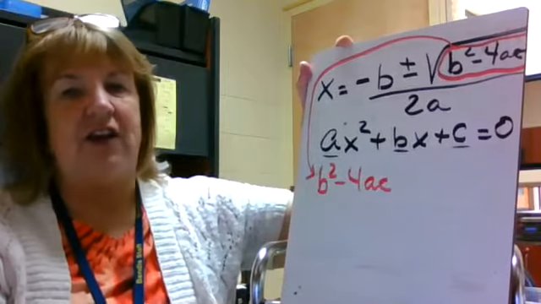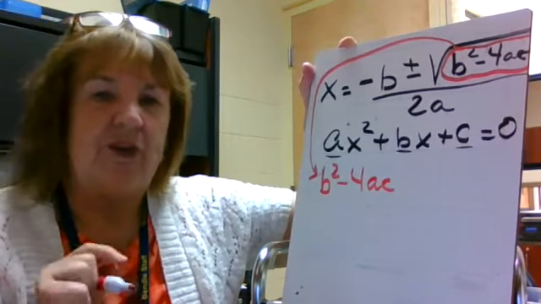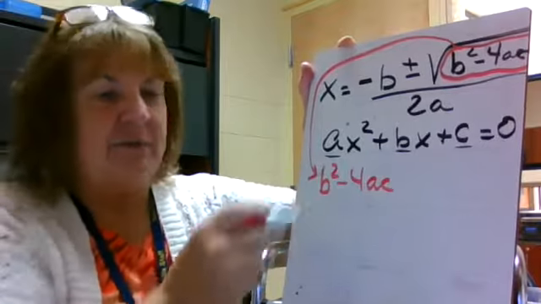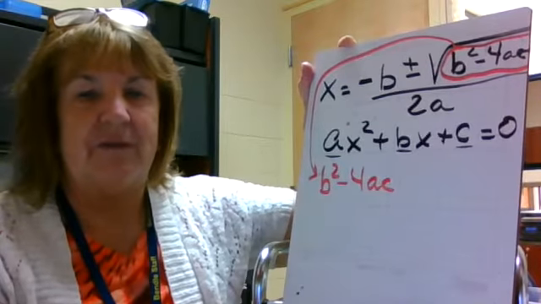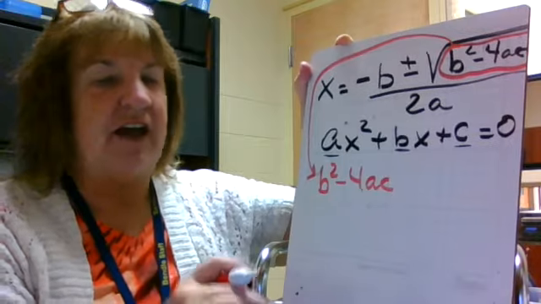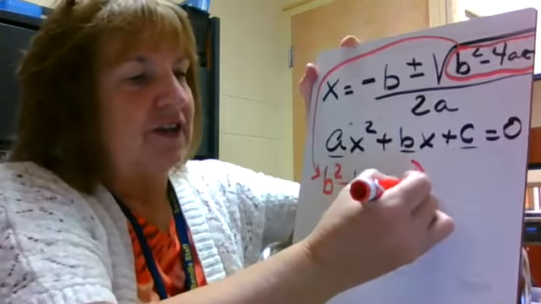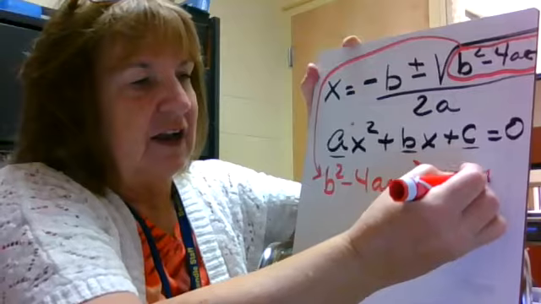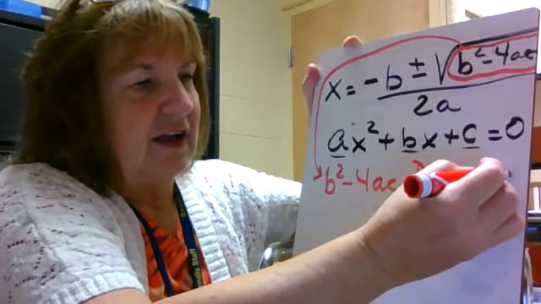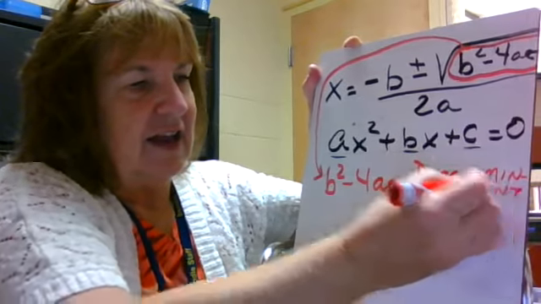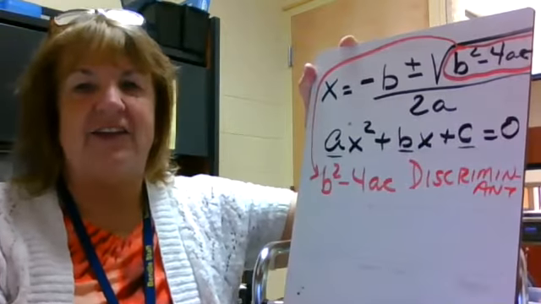We're looking at just that part. And when you put a number in for a, b, and c, this is going to simplify down to a single number. This expression right here, this value, is called the discriminant.